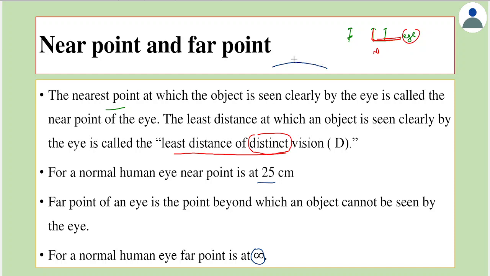So from here we cannot see up to infinity, but theoretically a normal human eye can see up to infinity. That is called the far point. So a normal human eye can see anywhere between the near point and infinity. This would be the range of vision for a normal human eye.